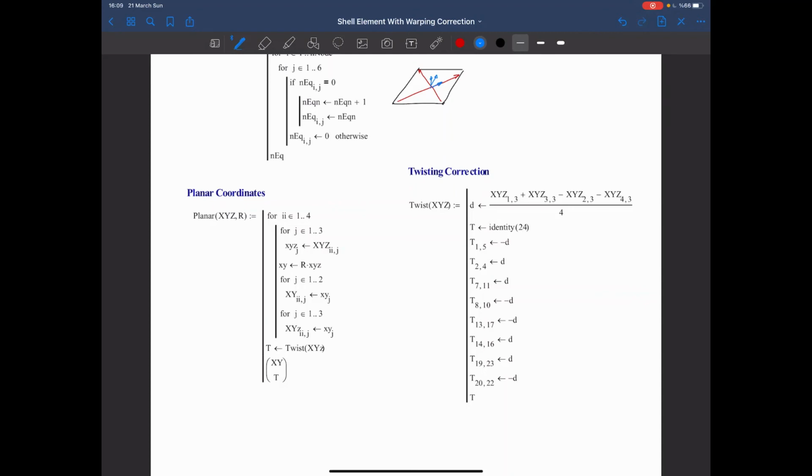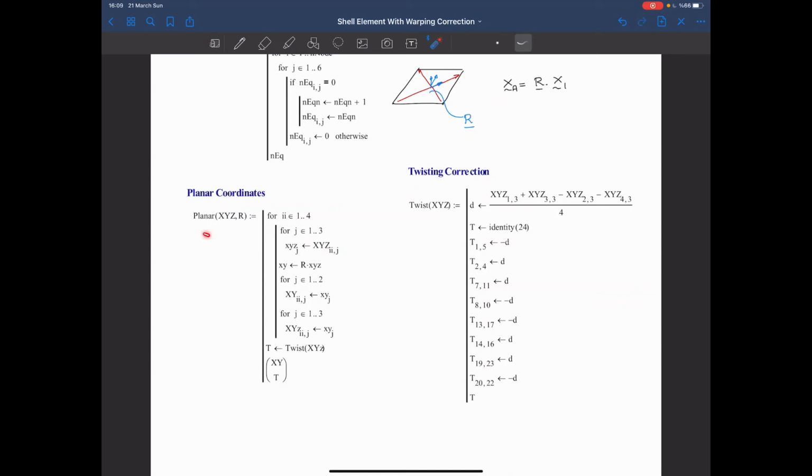And for this case we get a rotation matrix, and we say that by multiplying the coordinates of each node by the rotation matrix, we obtain the coordinates of the projected plane.